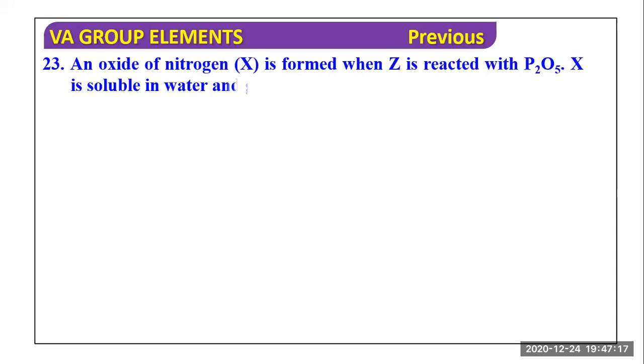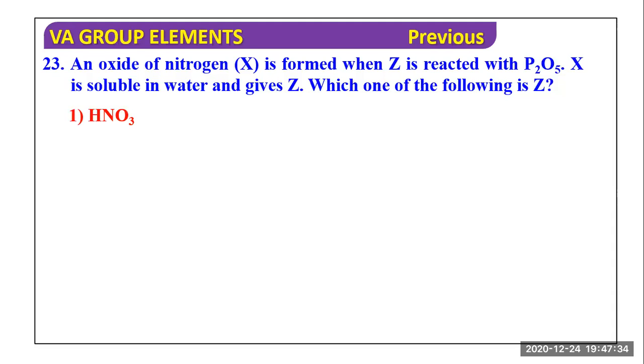An oxide of nitrogen X is formed when Z is reacted with P2O5. X is soluble in water and gives Z. Which one of the following is Z? Option 1 is nitric acid. Option 2 is H2N2O2. Option 3 is NO2.